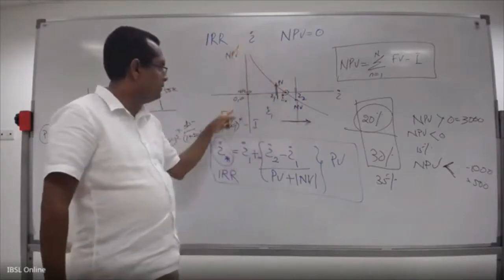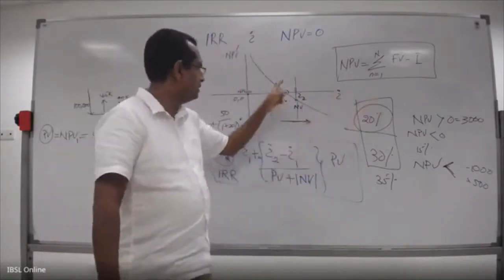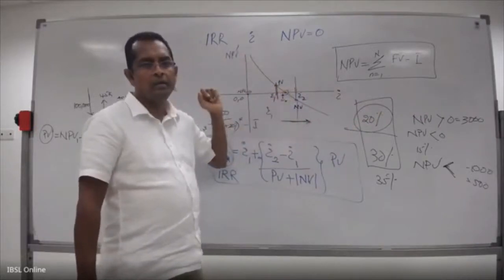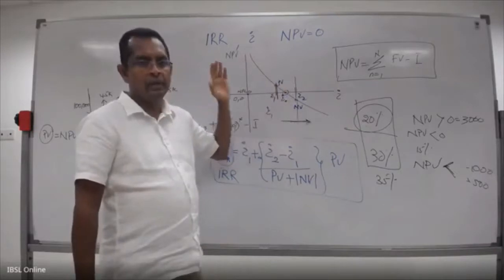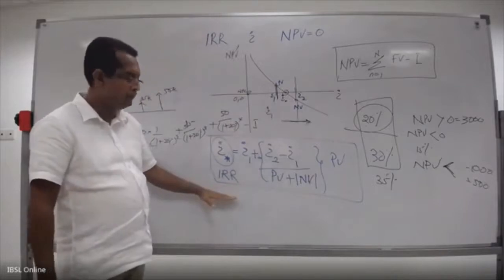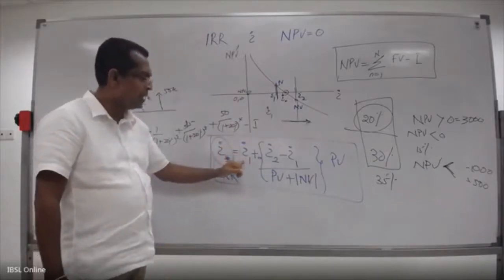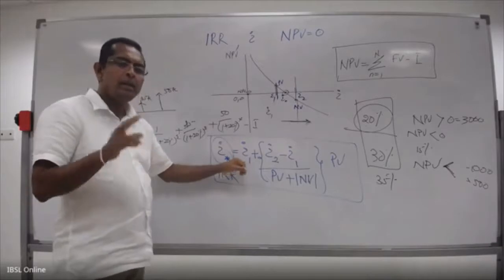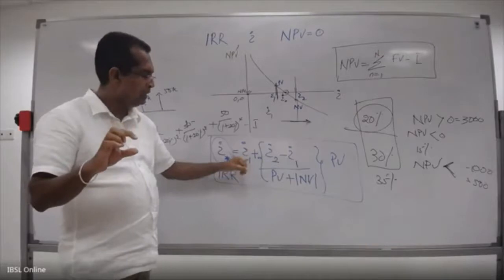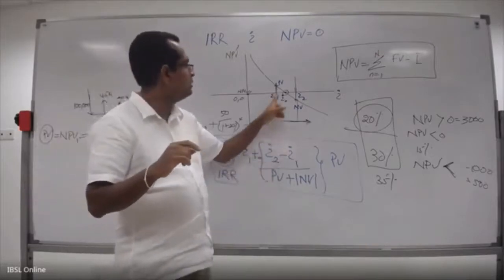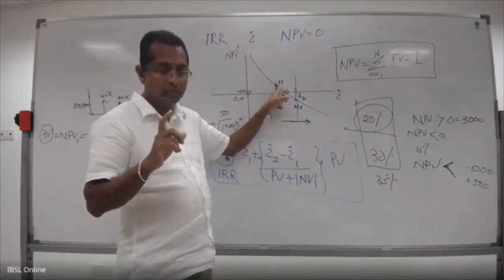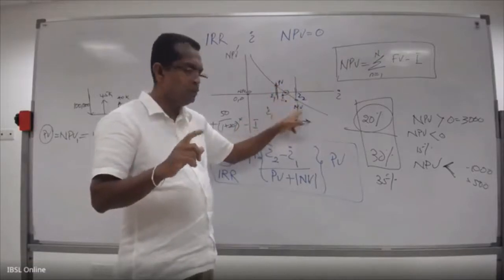Where the NPV and rate of interest 2 lines cut is the IRR. In order to find IRR, you have to use this formula, where I1 is the rate at which NPV is positive but near 0. Then you need to find I2.